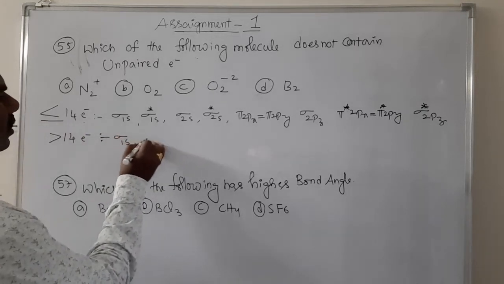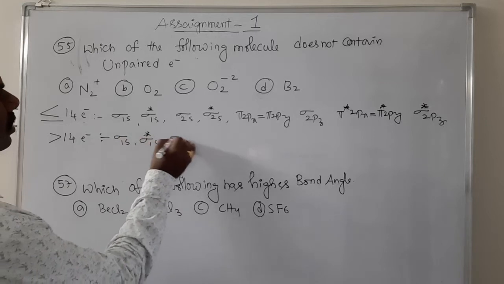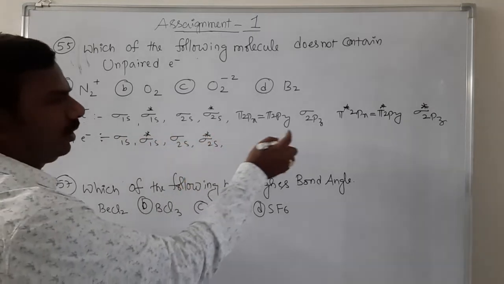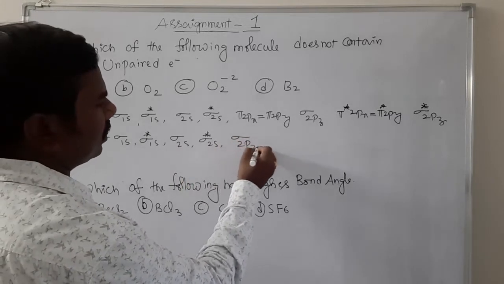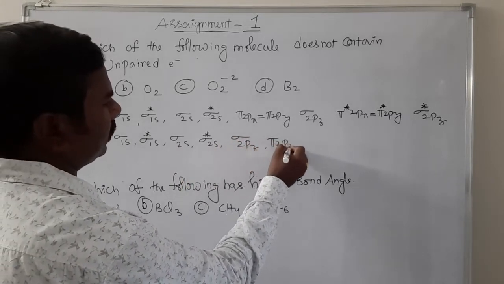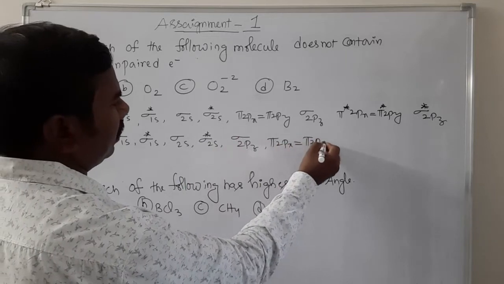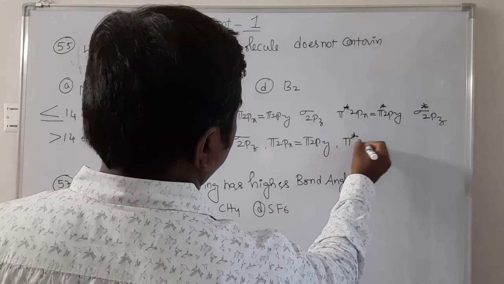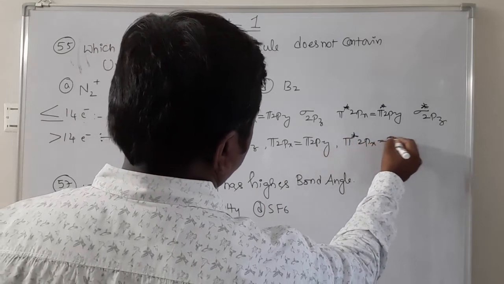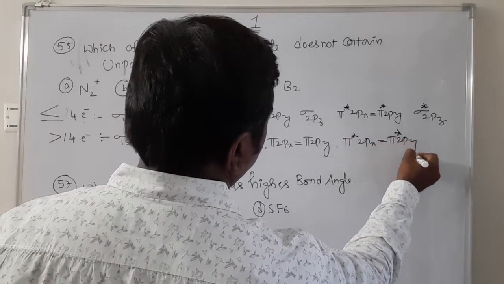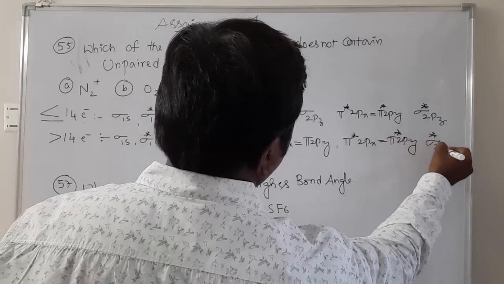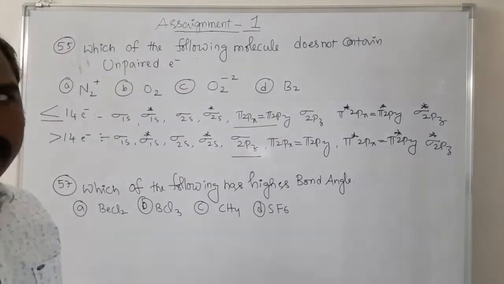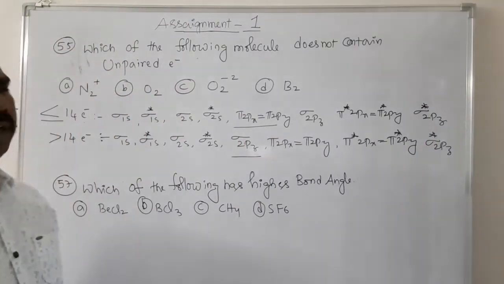Sigma 1s, sigma star 1s, sigma 2s, sigma star 2s, then sigma 2pz, pi 2px, pi 2py, next pi star 2px, pi star 2py and sigma star 2pz. This is the variation actually. I underlined it clearly, students. You just follow the configuration.